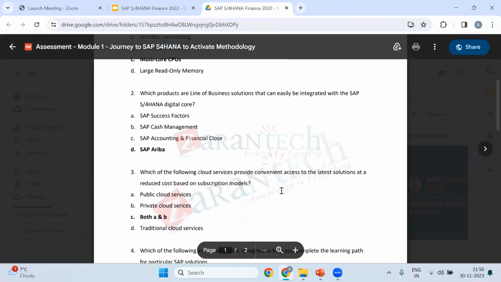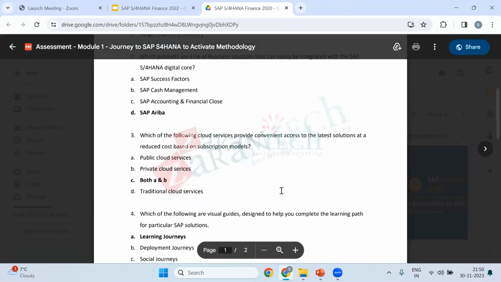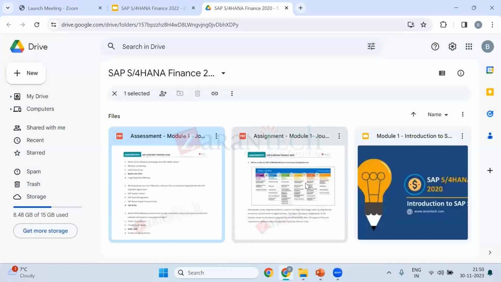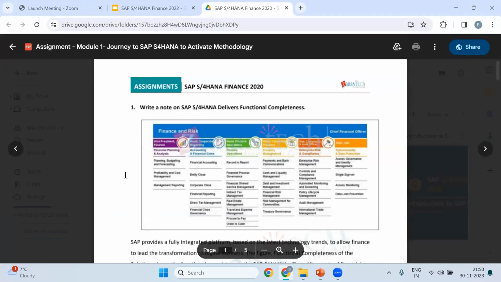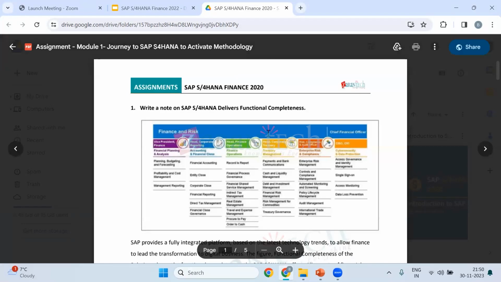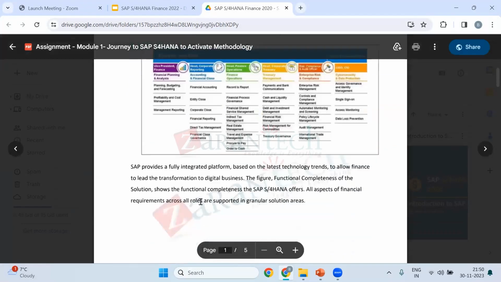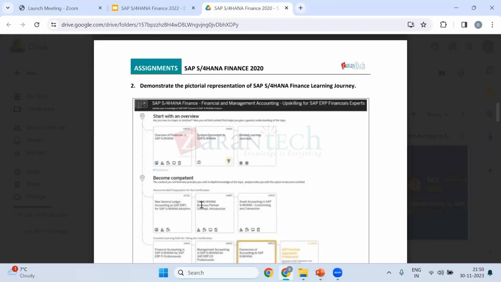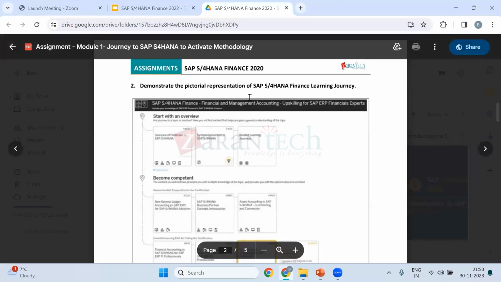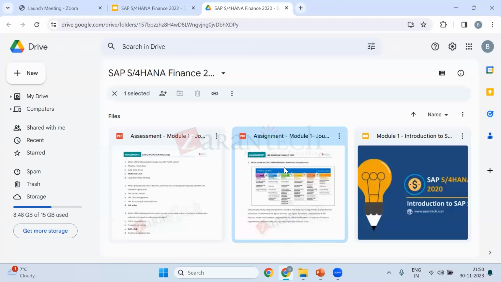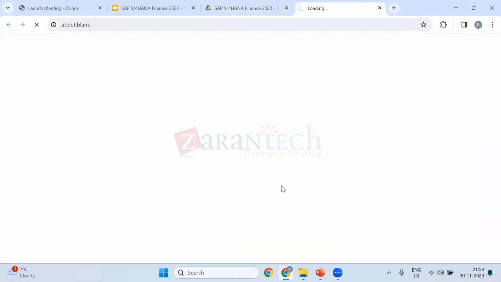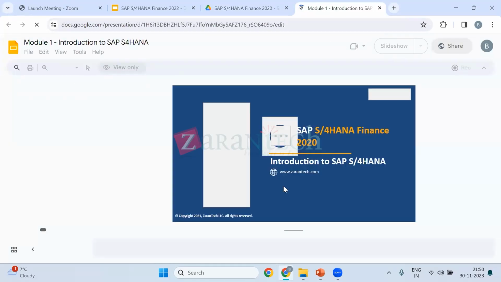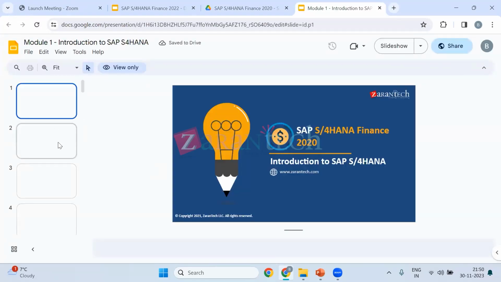Usually you will get similar types of questions in your certifications as well. Then, for example, write a note on S4HANA diverse functional components, the topics that we covered in each session. So we'll have some multiple choice questions and also these questions. And this is the study material, course.